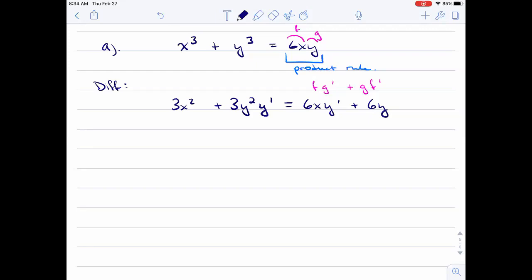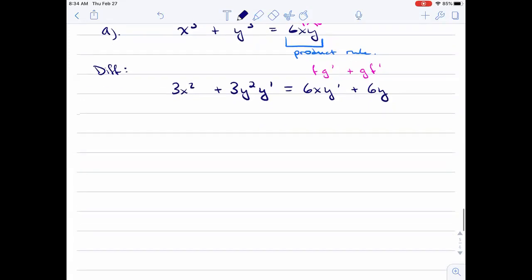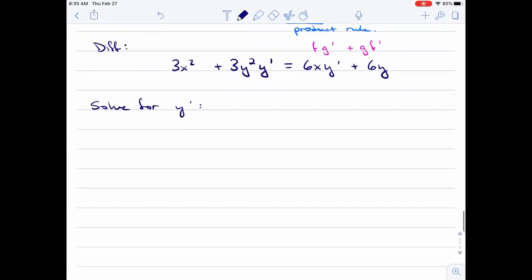When we've got the prime notation, it's just easier to see. We can rearrange. I'm going to bring all the y primes over to one side and then slowly shift everything else over to solve for y prime. So I get 3y squared y prime minus 6xy prime is 6y minus 3x squared.